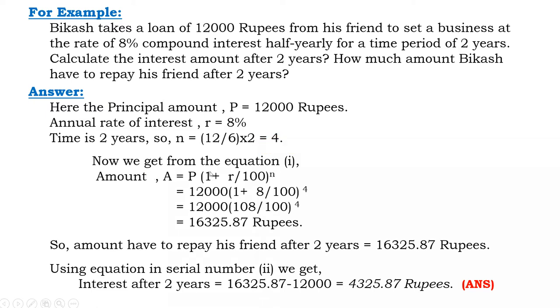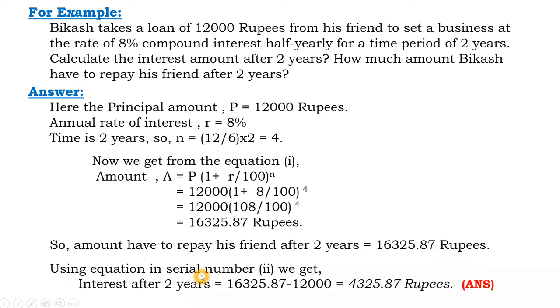Now we get from equation 1 amount A is equal to this. Calculating this, you get the value 16,325.87 rupees. So the amount to repay his friend after 2 years will be 16,325.87 rupees.